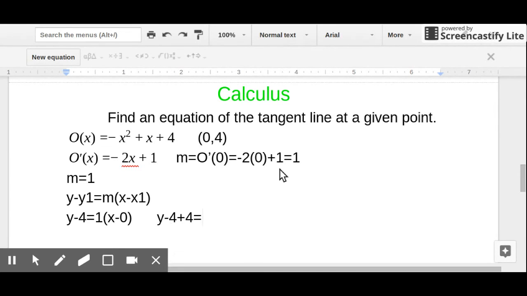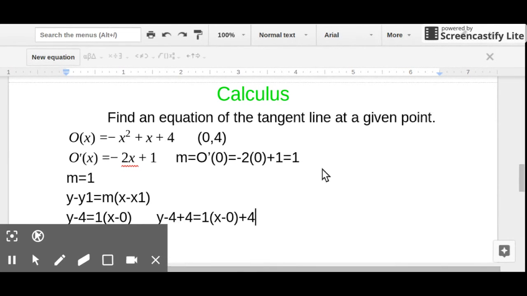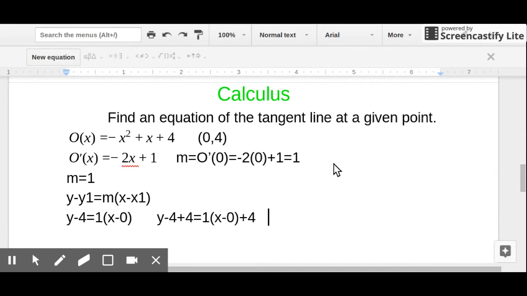So y is equal to, and this 1 multiplied across is not going to do anything, that's just x. So that's going to be x plus 4.